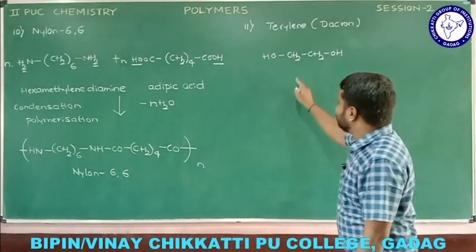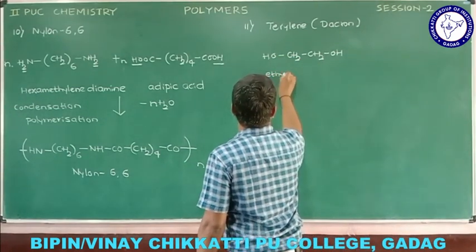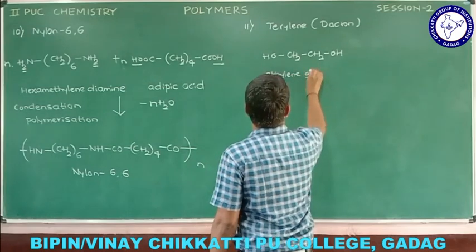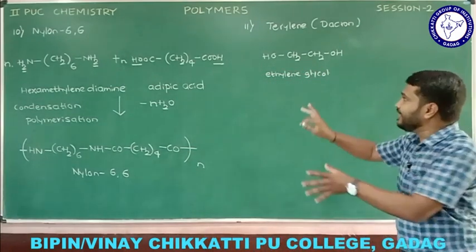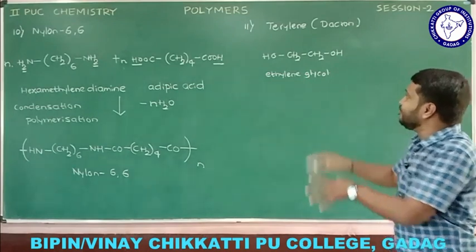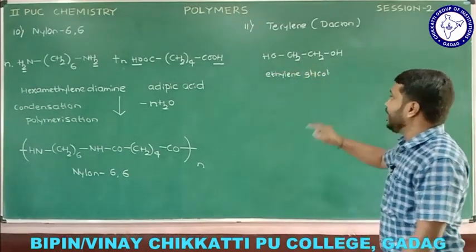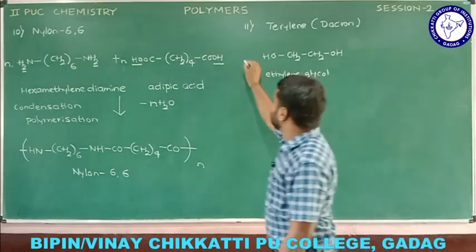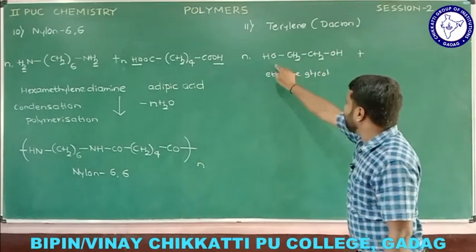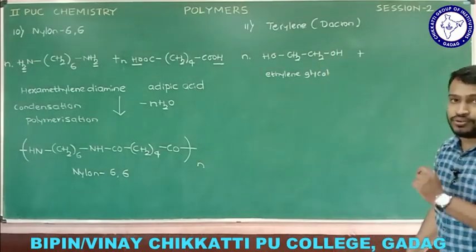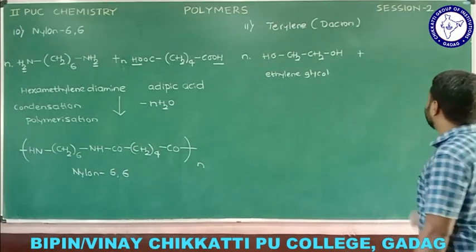Okay, and the name of this monomer is ethylene glycol. See, ethylene glycol, or you can say simply glycol, or this is ethane 1,2-diol. So two alcoholic groups we have. This is a glycol actually, and a large number of this monomer we have, and it is a bifunctional monomer. You try to know, that indicates that this undergoes condensation polymerization.